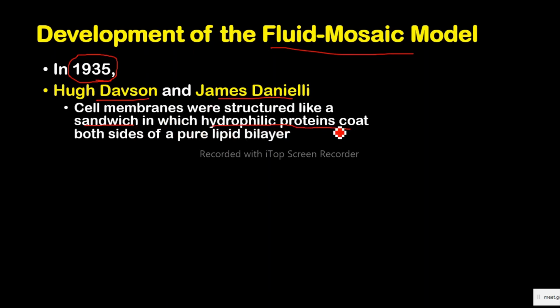proteins, hydrophilic. Now, I think this is a new term. Hydrophilic means water loving, to love water. Then the opposite is hydrophobic. Hydrophobic means water hating.